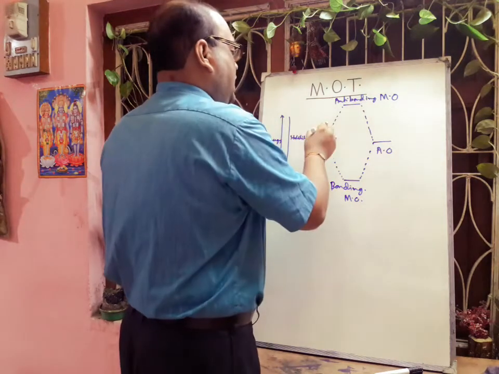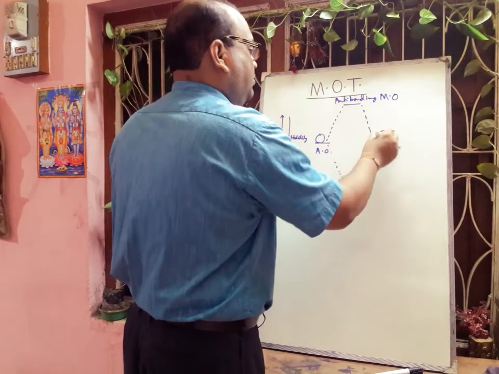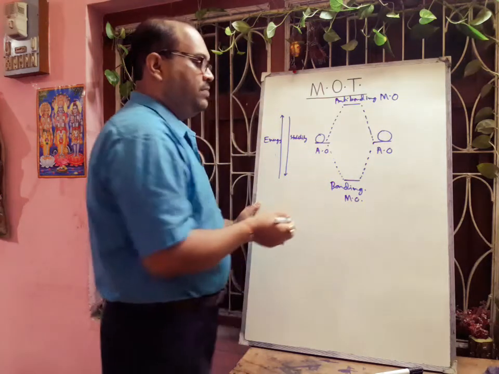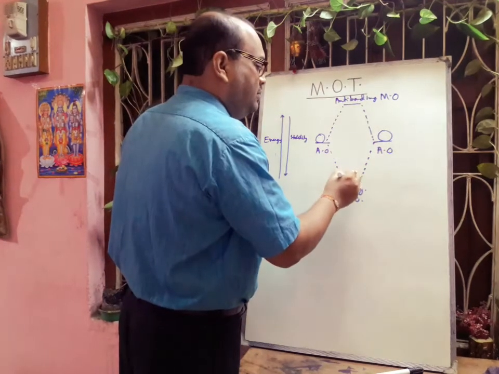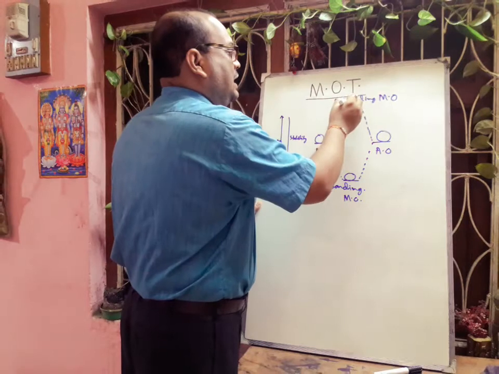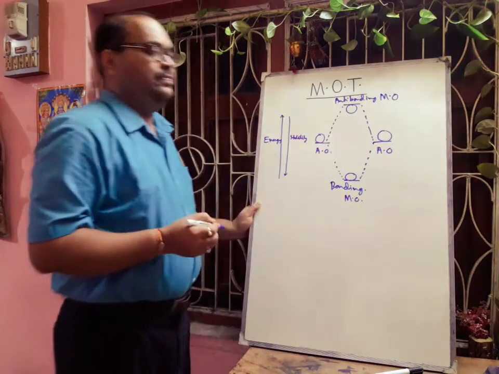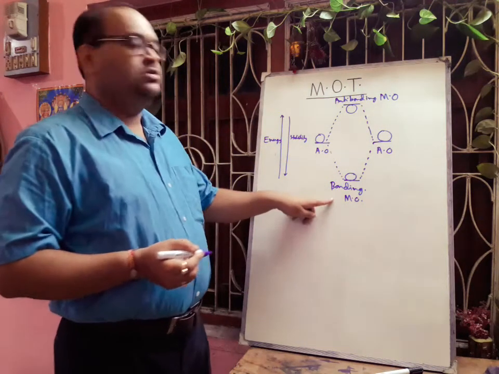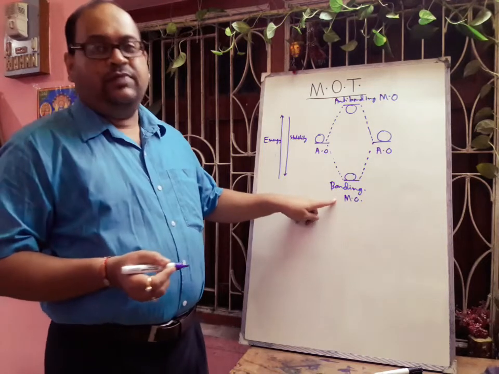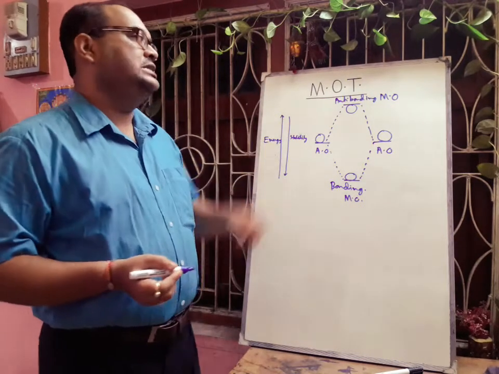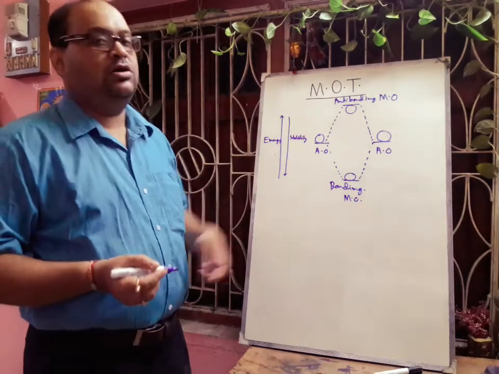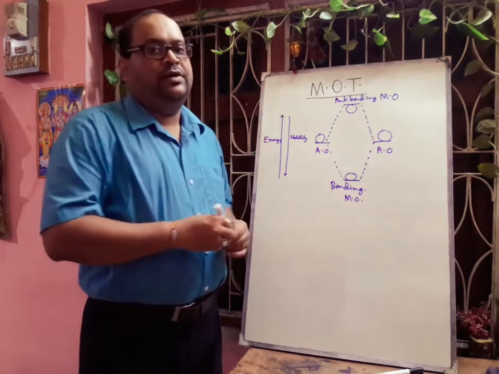So here one atomic orbital is there, here one atomic orbital is there. They are of same comparable energy. So two molecular orbitals will be generated, one at lower energy and another at the higher energy. The lower energy molecular orbital is called bonding molecular orbital, and the higher energy molecular orbital is called anti-bonding molecular orbital. Hope you can understand.